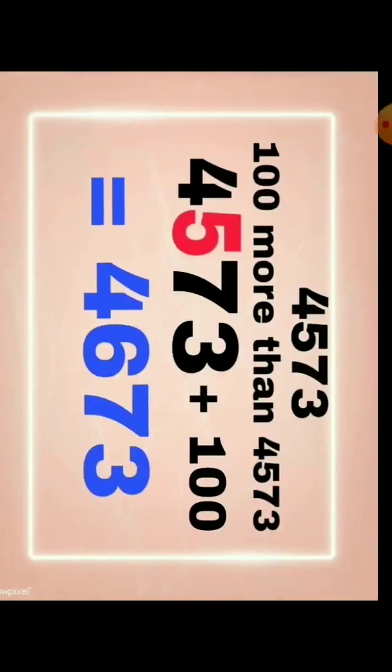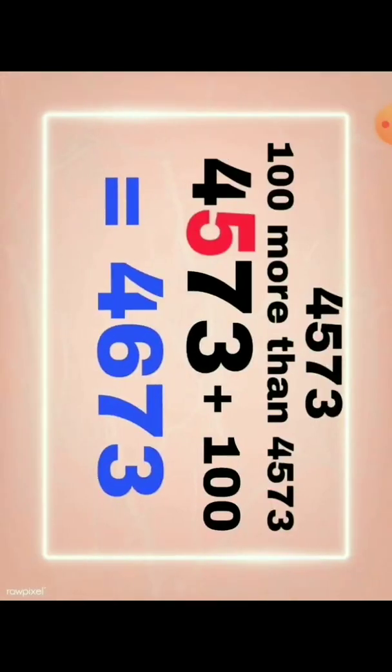Now next. Here I want 100 more than 4573. So we add 100 to 4573. In 100, my dear children, be careful. In 100, 1 is on the 100's place.